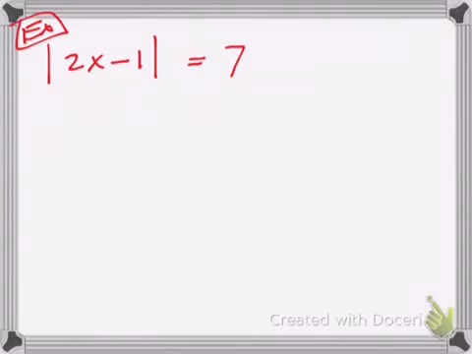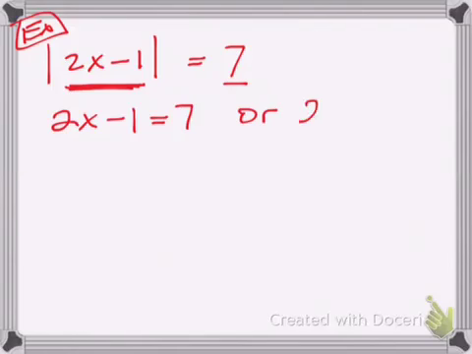So, Billy, can you tell me what the two equations are going to be when I split this into two separate equations? If my distance here of this thing is equal to 7, then what two values can I assign to this thing? 7 or what? Y'all tuned out on me too early. 2x minus 1 can equal 7, or 2x minus 1 can equal negative 7.